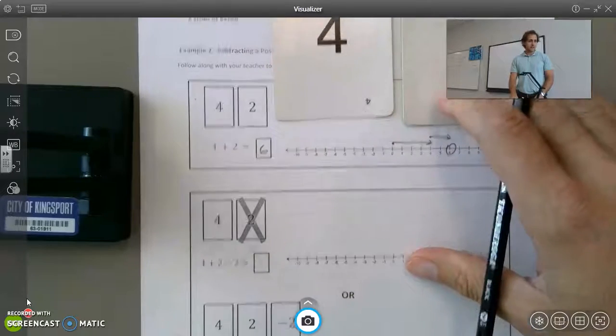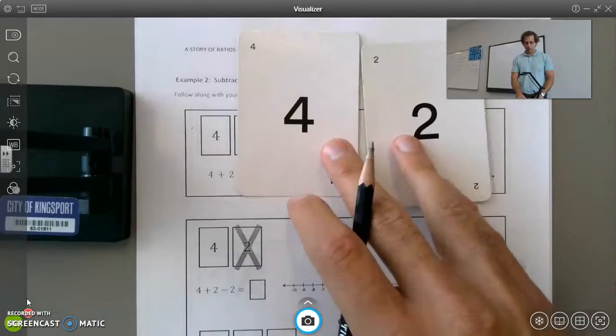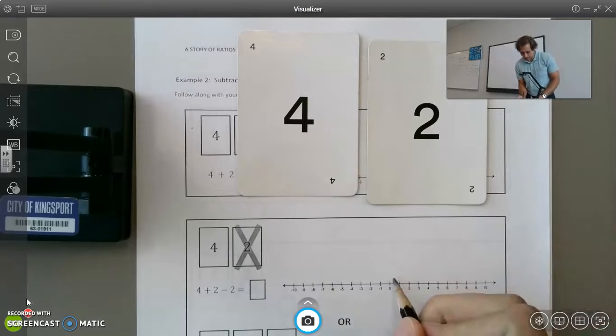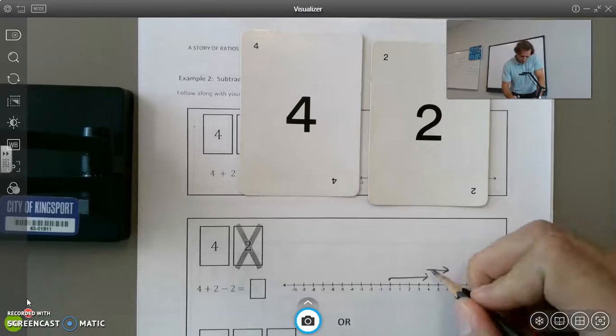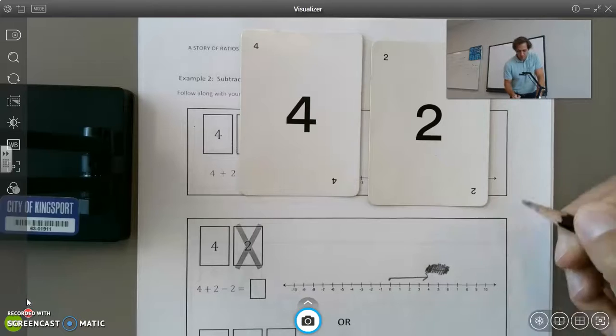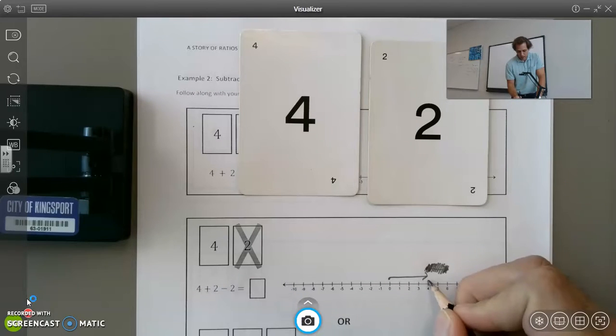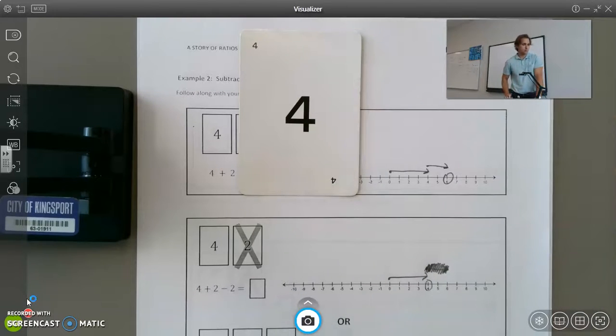What if I take this 2 away? Well, right now I have 4 and 2, but if I take this 2 away, now I'm still at 4. Take the 2 away, I'm at 4. Right?